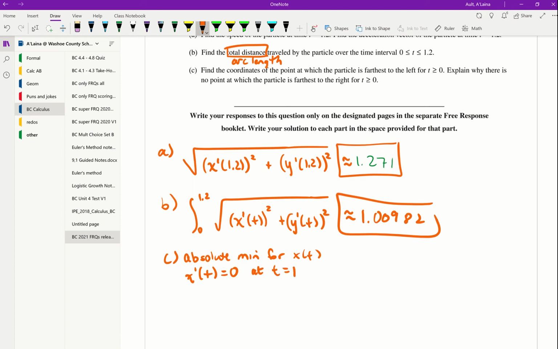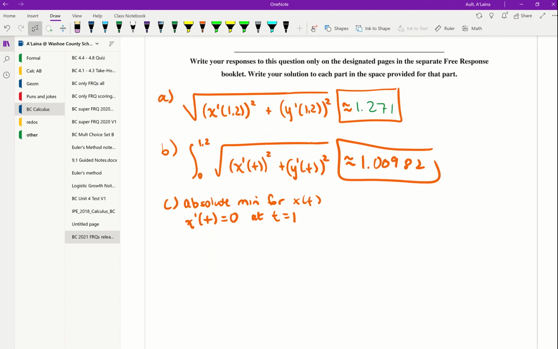Now, is that for sure going to be the absolute extrema? Normally we would want to do endpoints, but I don't really have endpoints here. So I am going to use more of a sign table to pursue this idea. Time they said was always greater than 0, so I'm going to split this up and see if I can get a sense of what's happening.